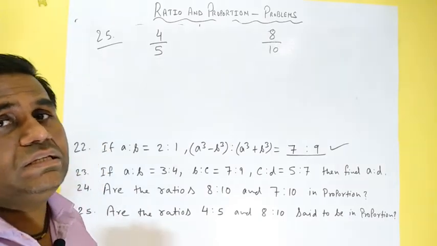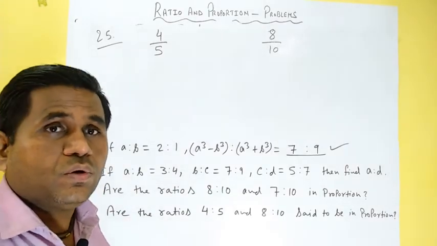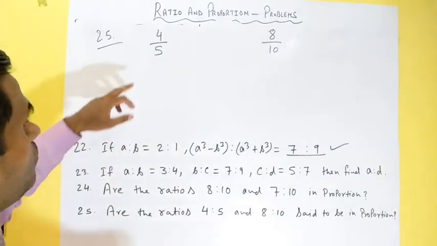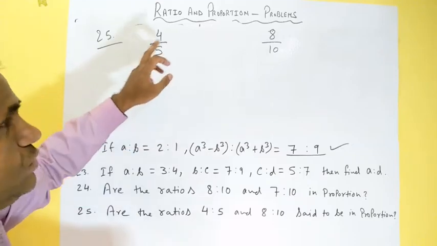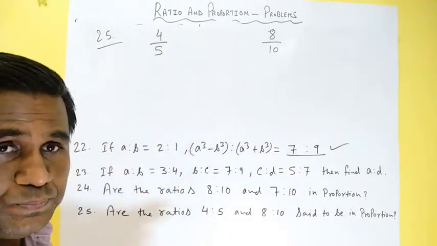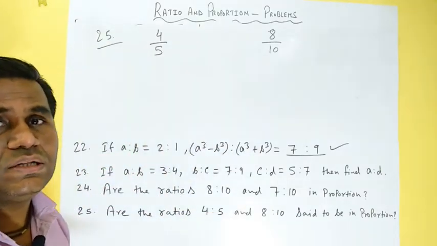But here, we have a very easy method to find out, rather than doing the division. So let's see the easy method, because the previous problem I've already shown you how to do using the division. So the easy method is 4 and 5. If you see, this is already in simplest form, but 8 and 10 is not in simplest form.